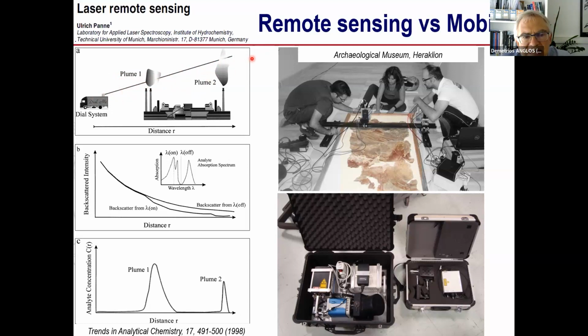We can understand that if we record the backscatter intensity, it drops with distance, and that is a consequence of the collection of light. The further away the source, the less light we collect.